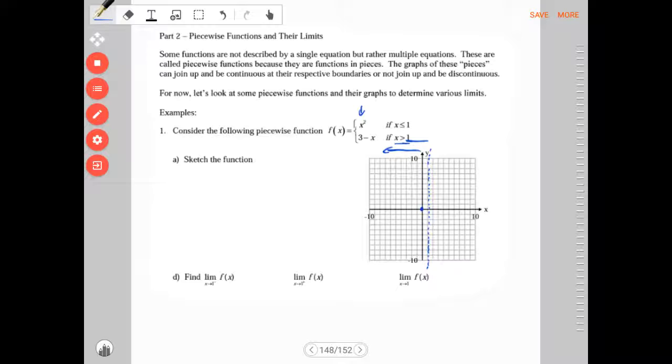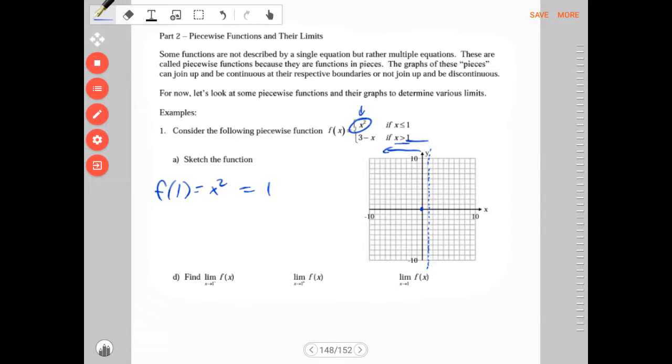Now, if you don't know this, it is quite helpful to evaluate this function at the boundary. So basically it'd be f of 1 of x squared, which of course is going to be 1 squared, which is just 1. And that's good because we know that a parabola does that.